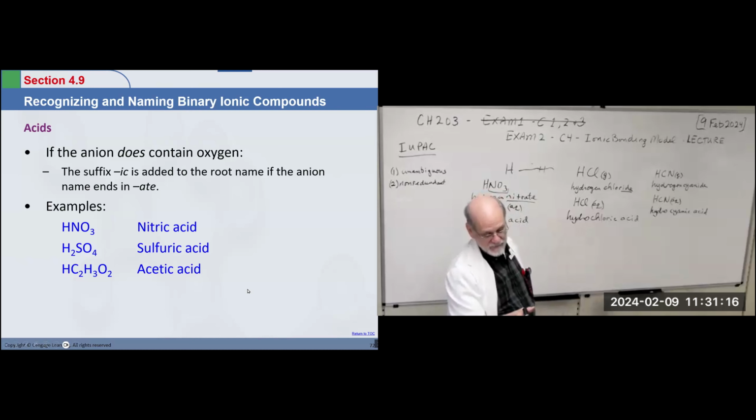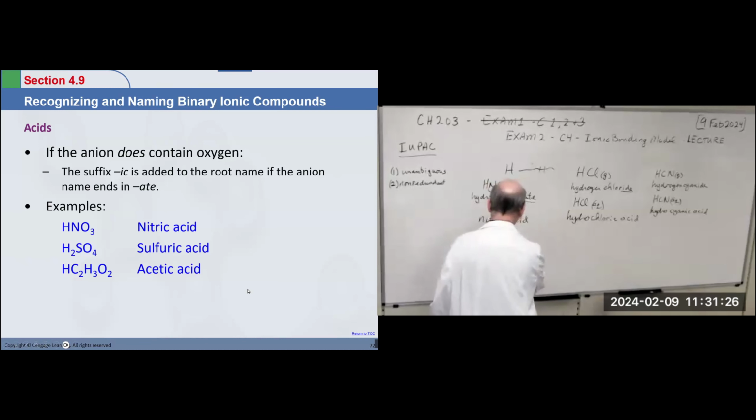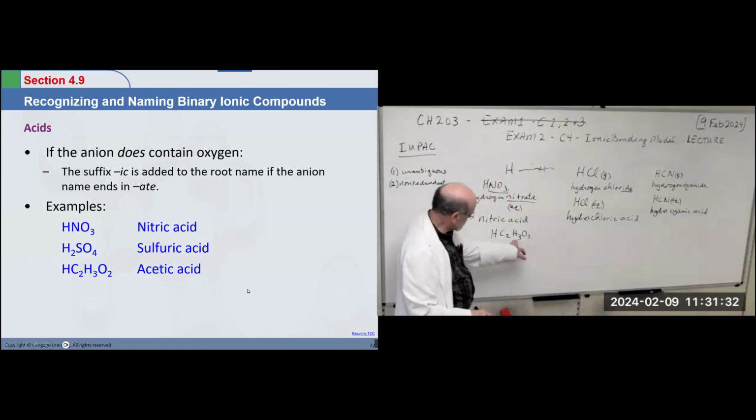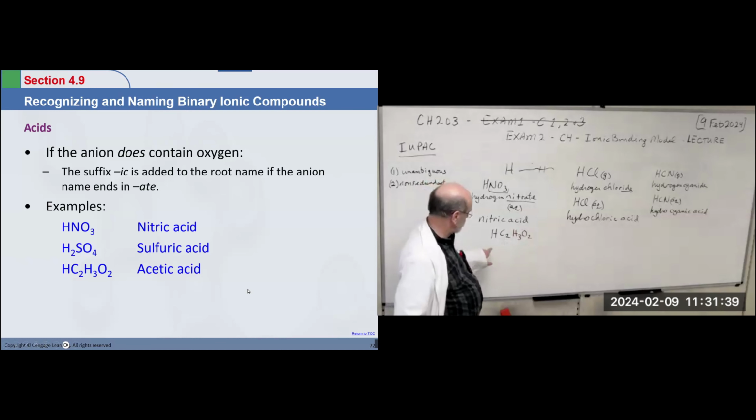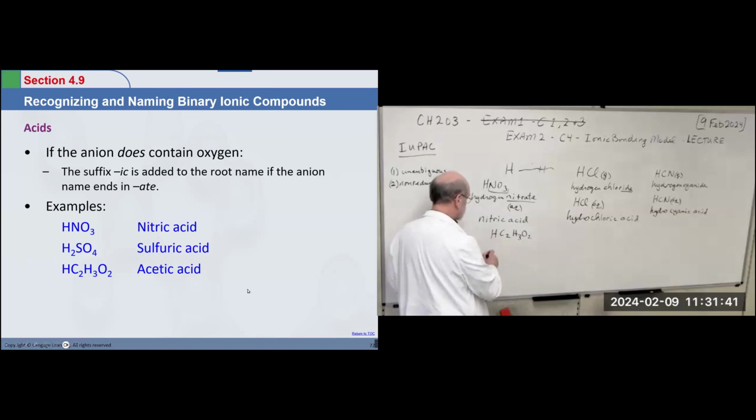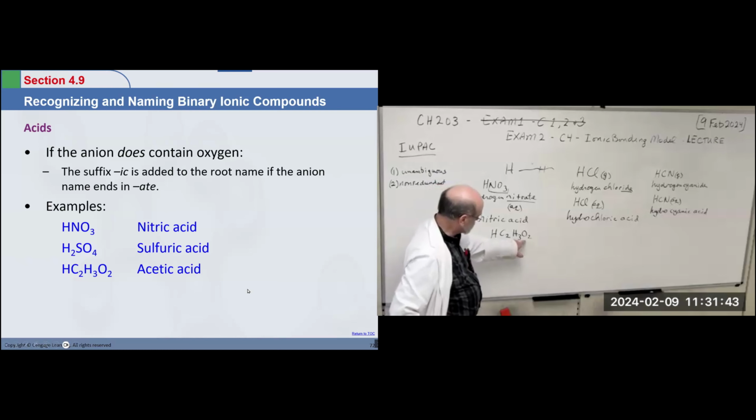The other examples they give, H2SO4. SO4 is sulfate, ate becomes ic, so it's sulfuric. And I mentioned vinegar before, HC2H3O2. Notice there are 3 hydrogens here, but these are covalently bound into that polyatomic ion. This is the acidic hydrogen, we call it. So there's oxygen there.